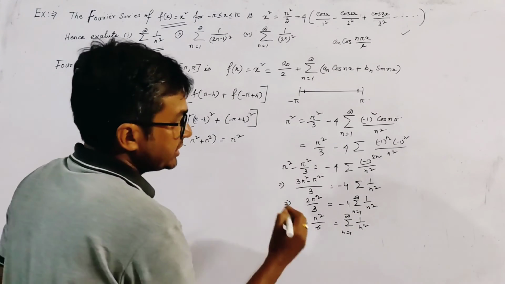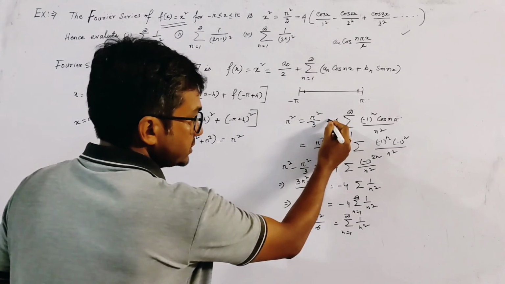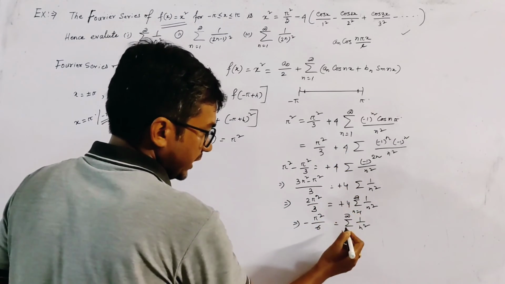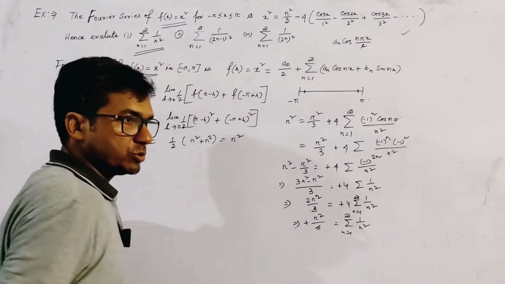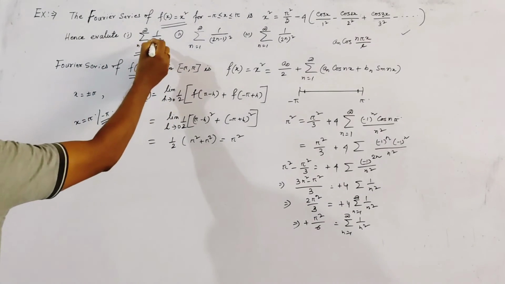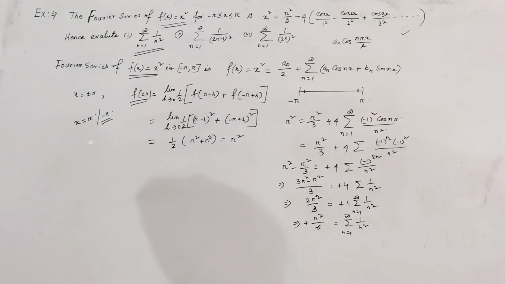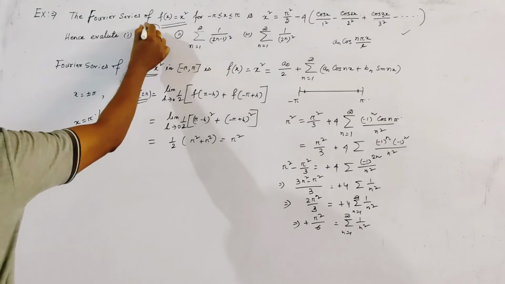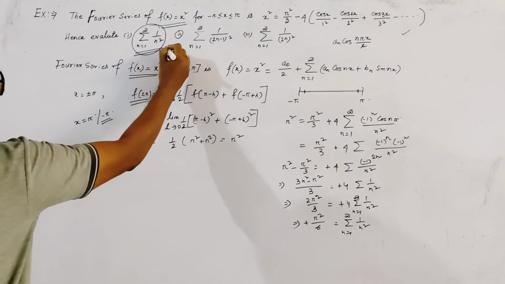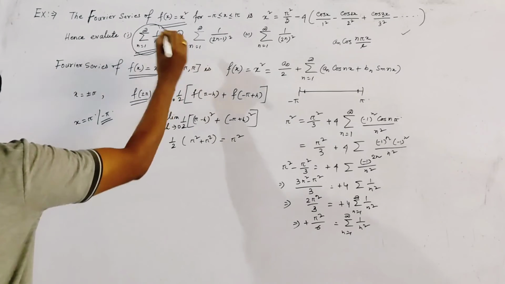Sorry, we made a mistake here, this is not minus, this is plus, so all the signs are positive, so this is also positive. So we get the value of the first series: summation n equal to 1 to infinity 1 by n square is pi square by 6.